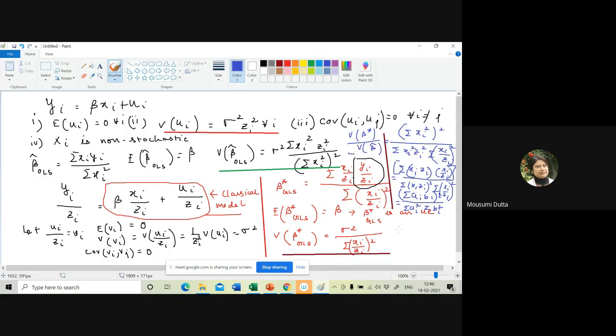Okay. So now, by Cauchy-Schwarz inequality, we get... I'm clearing this board.